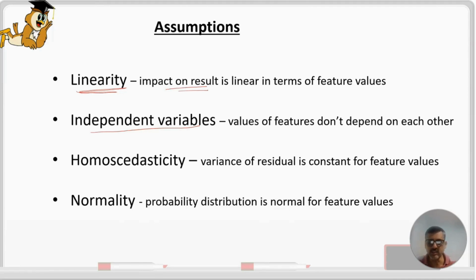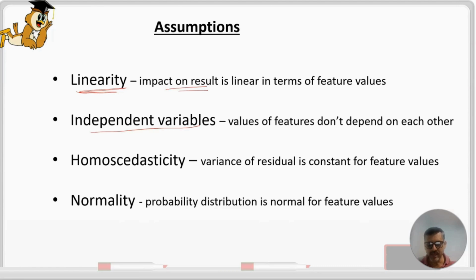Homoscedasticity. This says that if you make an error in a feature variable, the resulting error in the output remains the same irrespective of the value of that feature variable. I will repeat.